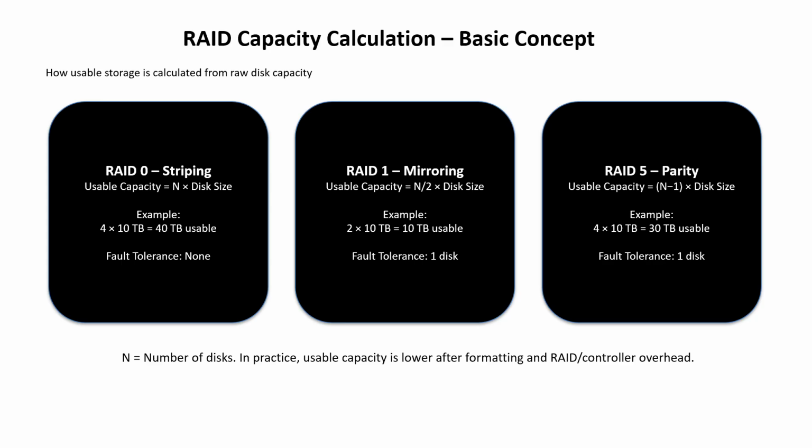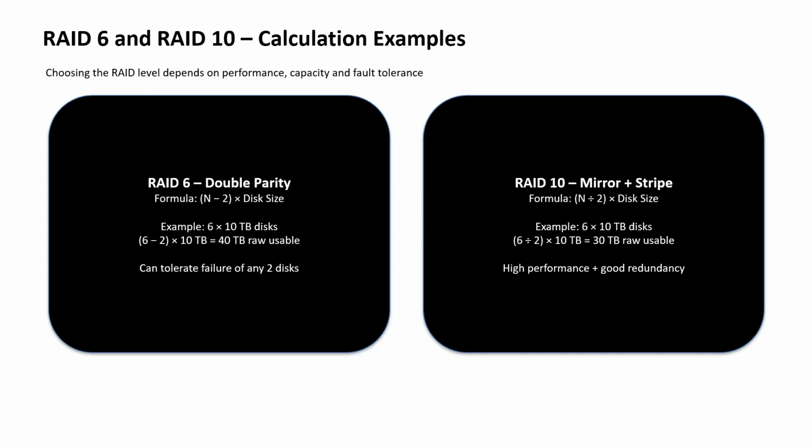The basic concept is: RAID 0 gives maximum capacity and performance but no redundancy. RAID 1 gives strong protection through mirroring but provides only 50% of usable capacity. And RAID 5 provides a balance between capacity, performance and protection through parity.